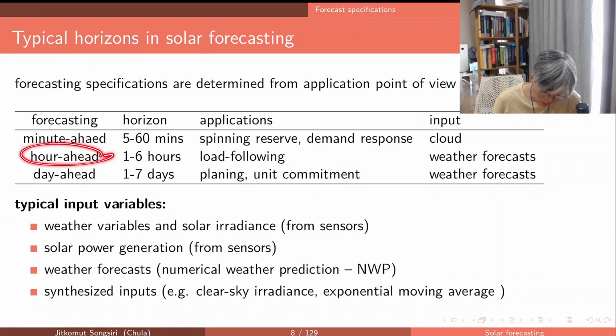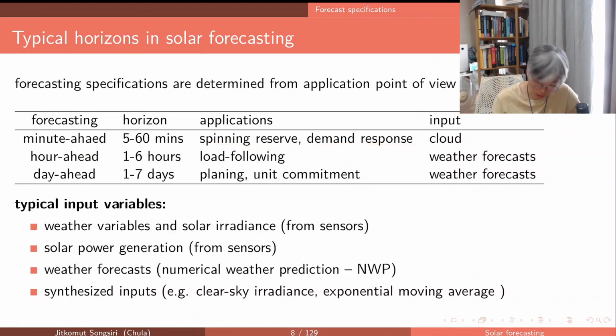In a shorter horizon, intra-hour, the application is load following and economic dispatch. Once the generation units are committed, you can adjust the power outputs of those generators so that they can follow the demand that you can predict within this horizon. For minute ahead, in a shorter horizon, the application would involve spinning reserve and demand response.